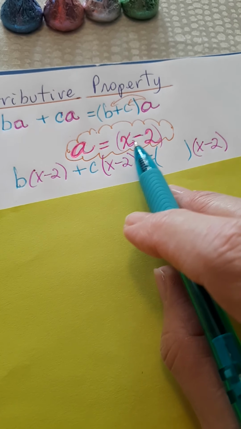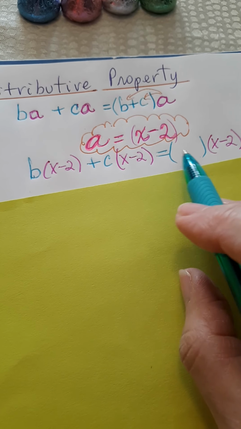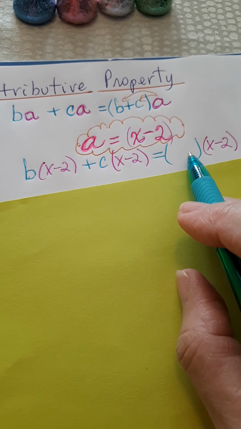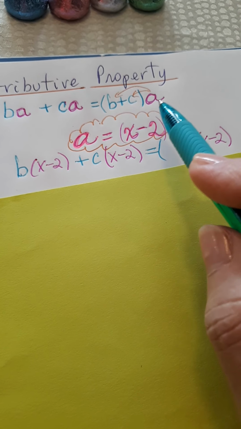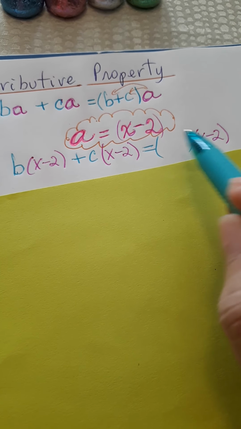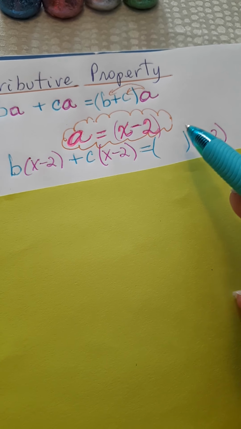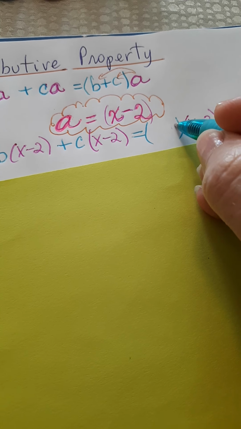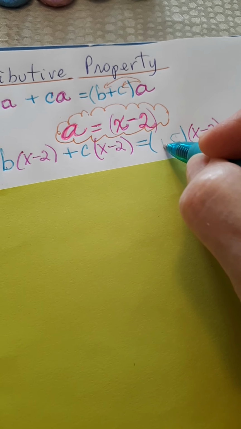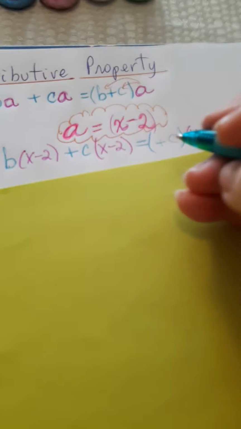Well, the common factor is the binomial x minus 2. So what we end up with inside the other parentheses is what I multiplied times x minus 2 to obtain this sum, which is x minus 2 times C plus x minus 2 times B.